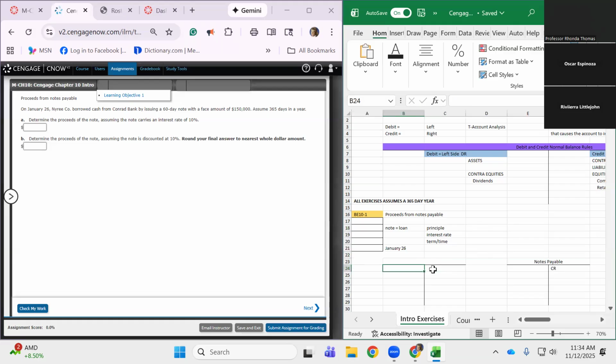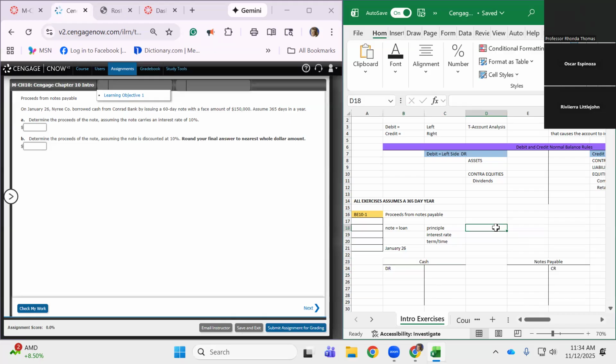So we're borrowing money from this bank. And by the way, most of the time, kind of like accounts receivable and notes receivable, each note is specific to a financial institution, or a customer. Remember, cash is an asset, so we're going to make cash go up for the amount that we're borrowing.